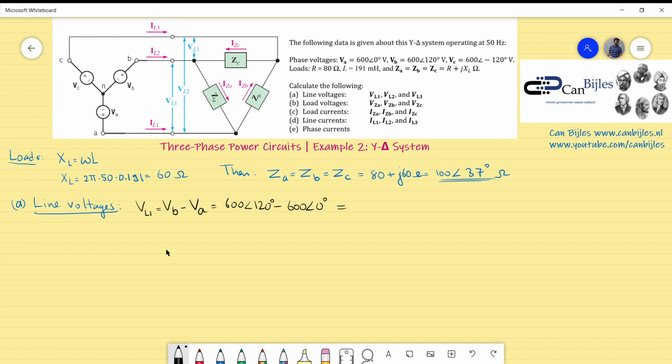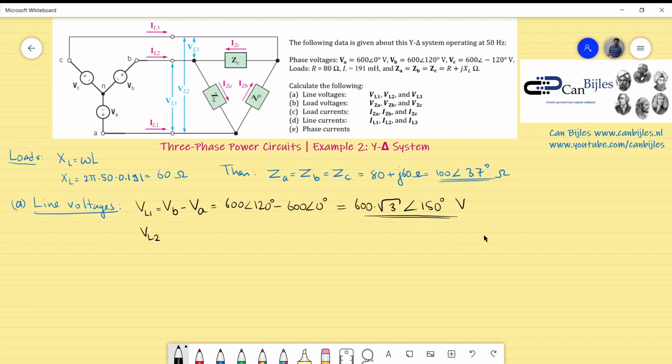Now if you calculate this by converting each of these terms to rectangular expressions, because then you can easily subtract them or add them together, this will result in, I will leave the details out in this example, square root of 3 times 600, or you can also write it as 600 times square root of 3, and this will result in a phase of 150 degrees, again in volts. These are given in detail in example number 1, so I will leave these details out of this example.